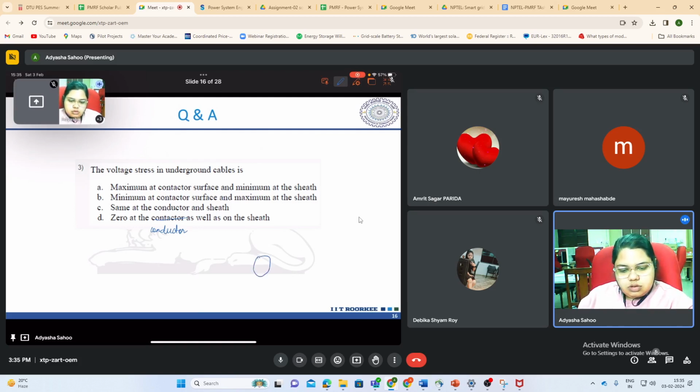So this is the conductor, and this is the sheath here. Let's say this is E1, E2, E3, E4. So what will be the relation?